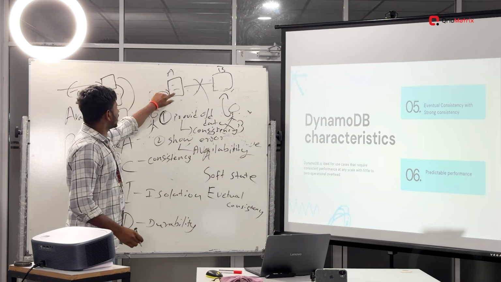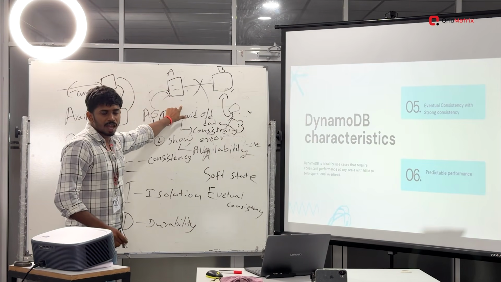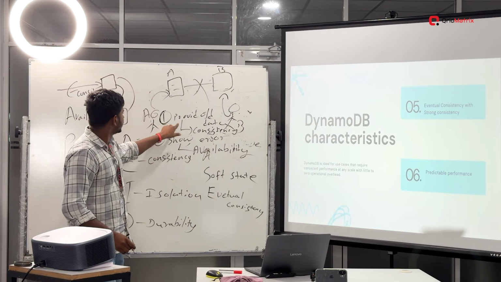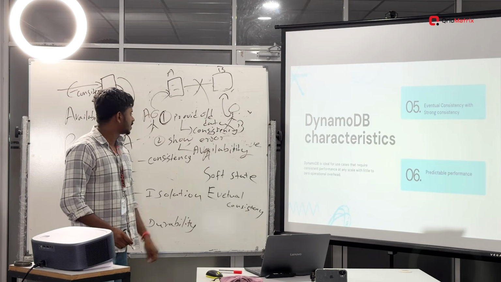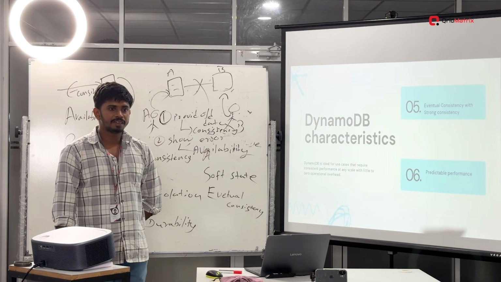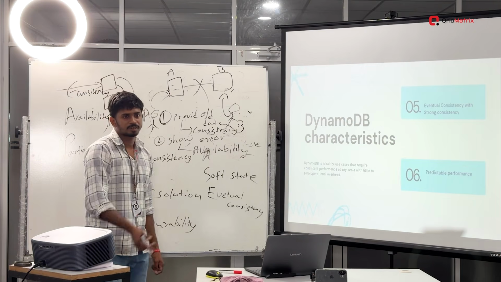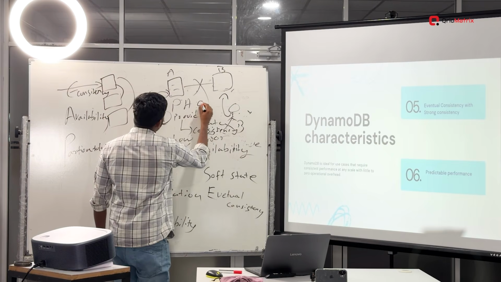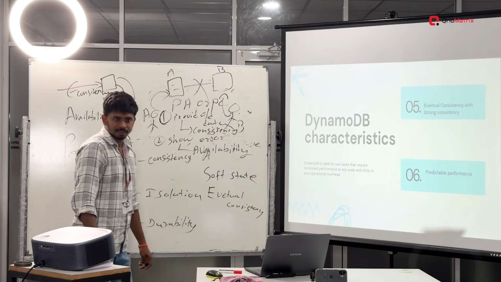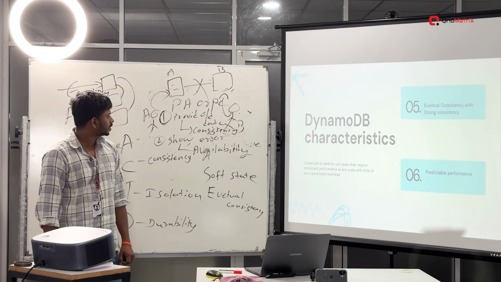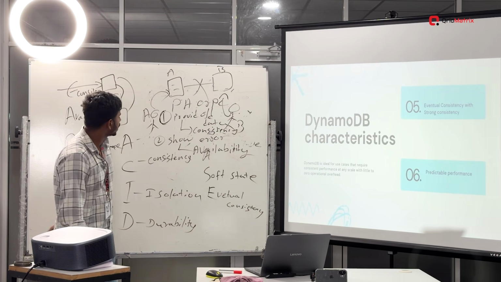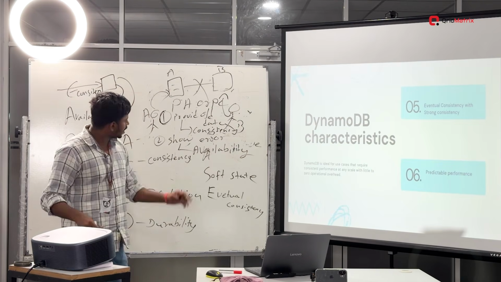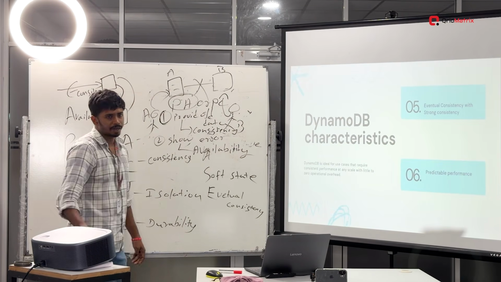When it provides partition tolerance, I mean if the system works even in a network failure, it can only provide either consistency or availability. It cannot provide both with that partition tolerance. So it can only be PA or PC, not all three. So mainly DynamoDB, and most of the DBs, DynamoDB is PA, partition tolerance and availability.